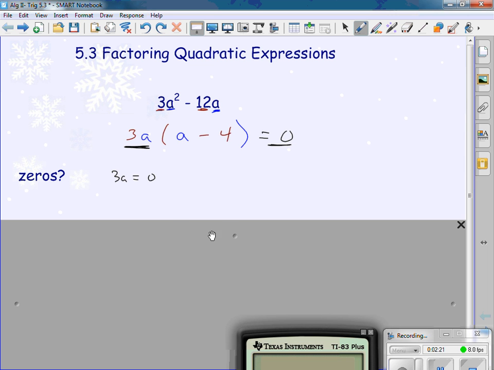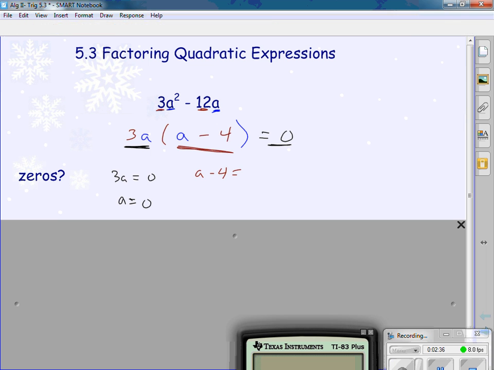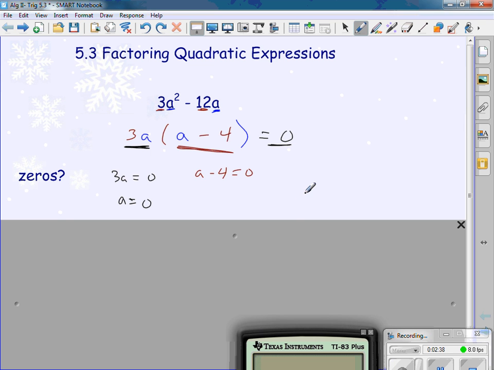What do I do? Divide by 3, and a is 0. If I take this piece right here and set it equal to 0, a minus 4 equals 0. Add 4, so a is 4. This is my zeros.